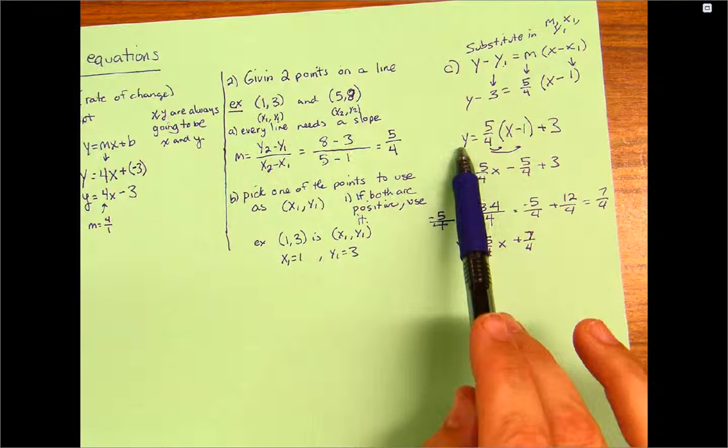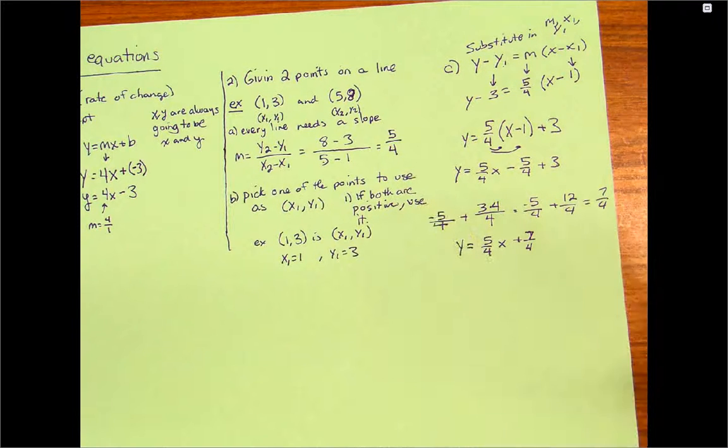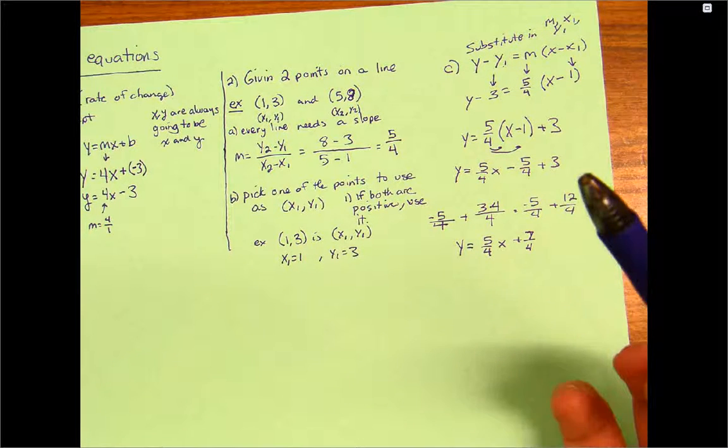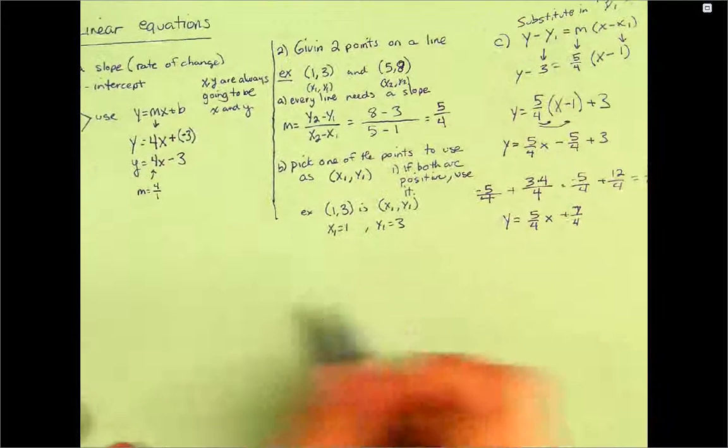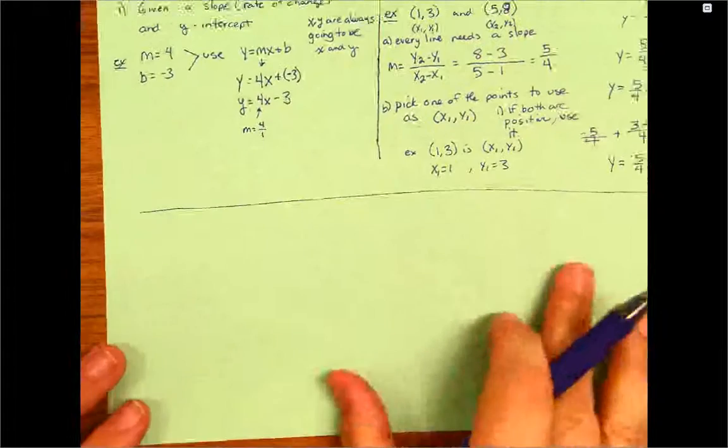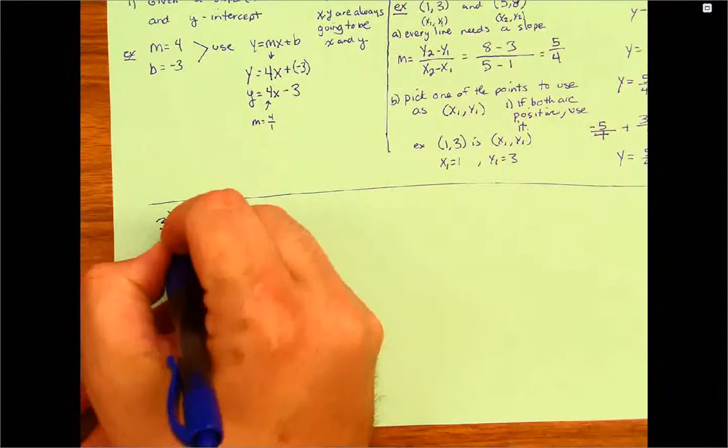Now, the third way, which is the easiest way, you're given a point and a slope.